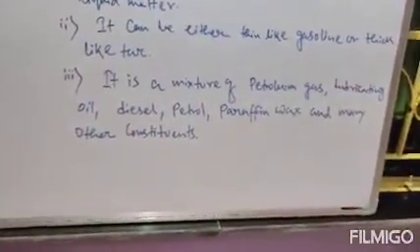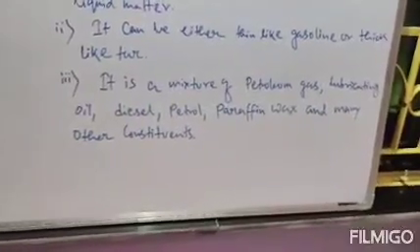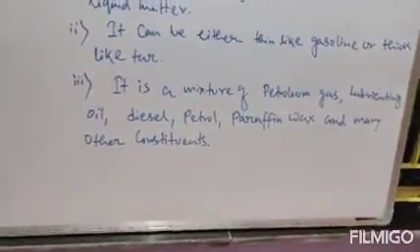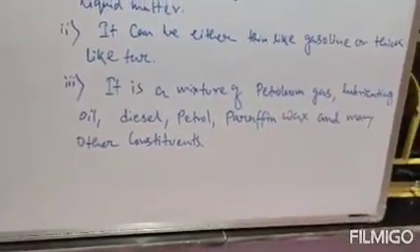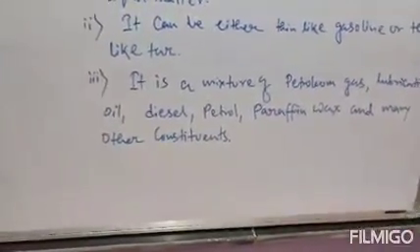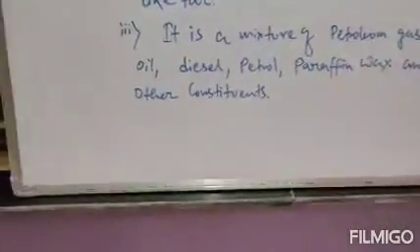So these are the 5 main constituents of petroleum. Number 1, petroleum gas. Number 2, lubricating oil. Number 3, diesel. Number 4, petrol. And number 5, paraffin wax. And besides all of these, several other constituents are also present in petroleum.